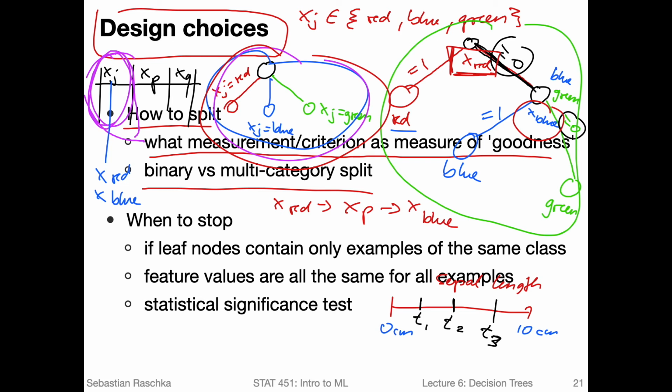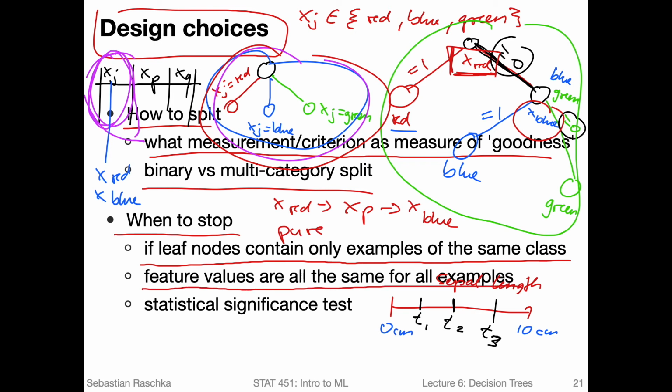Okay, and now another question is when to stop growing a decision tree. We said in the previous slide, one condition could be if the leaf nodes contain only examples of the same class, so if they are pure. Or we can also say if all the feature values for all the examples at a node are the same, so in that way there's no way that we can define new decision rules. That could also be one criterion to stop.